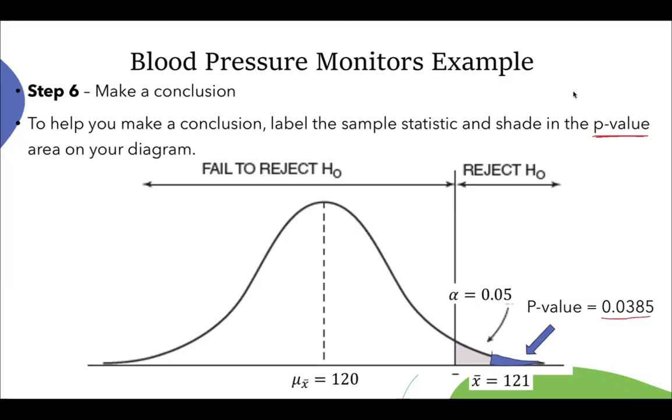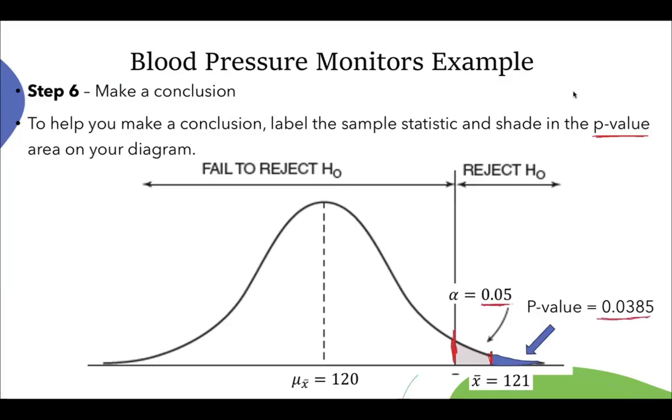And the reason why I drew it up here in this blue shaded area is because it is less than 0.05. Therefore, it needs to sit to the right. X bar must be to the right of this vertical line.